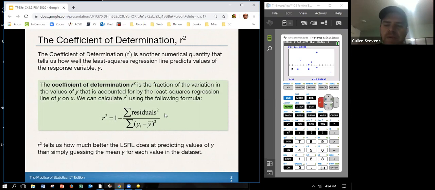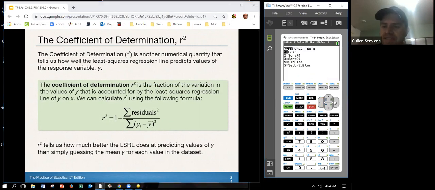Notice that when we do our models, when we do our STAT CALC line of best fit, we've been talking about R and R squared. Before, we were using R to talk about the correlation coefficient. Well, R squared has a really cool name.